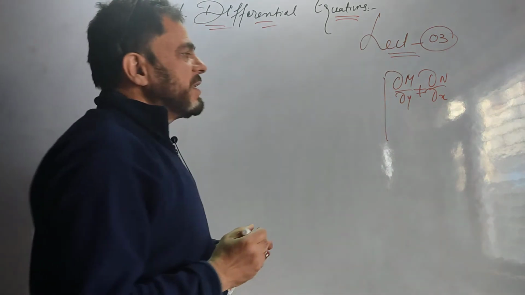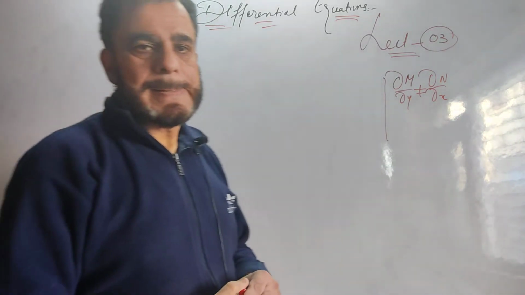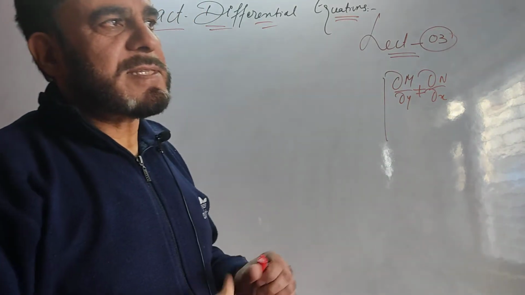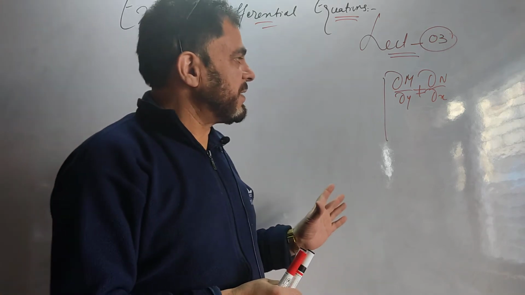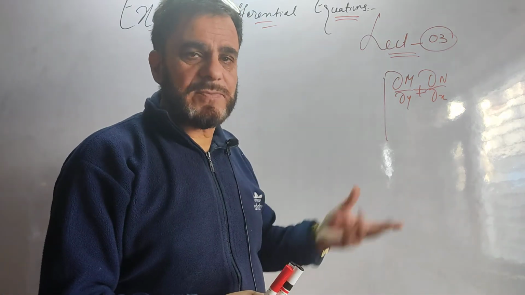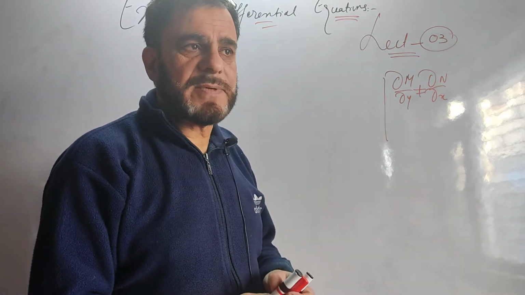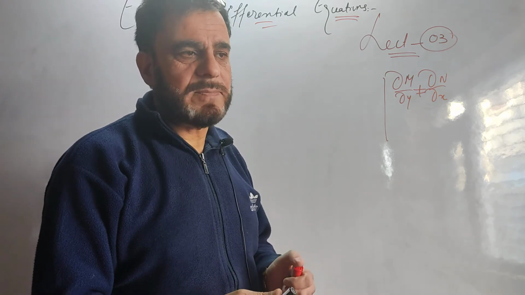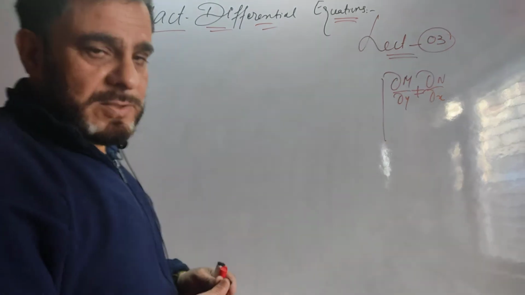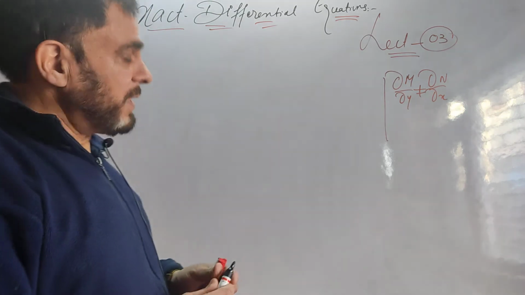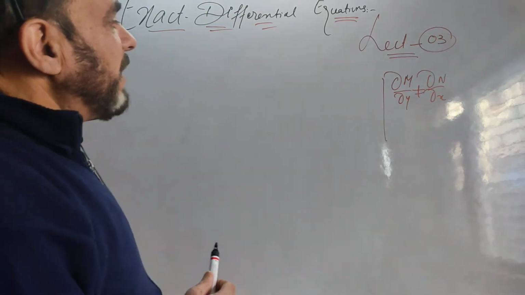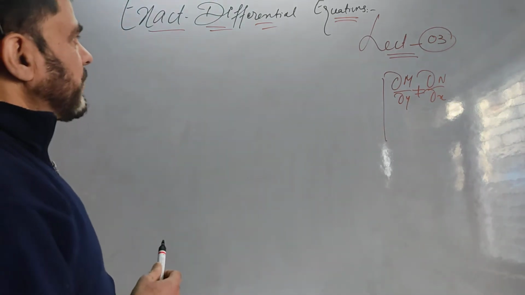We say the differential equation is not exact. In certain cases we can reduce the differential equation to exact form. If we want to do that, how can we go about it? For that we have a different method: the integrating factor.